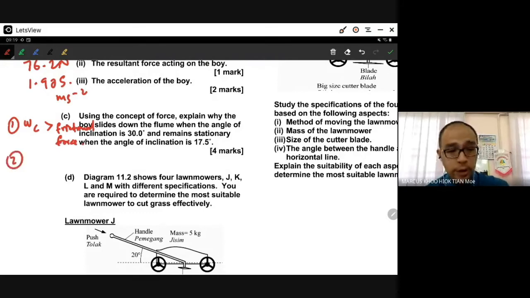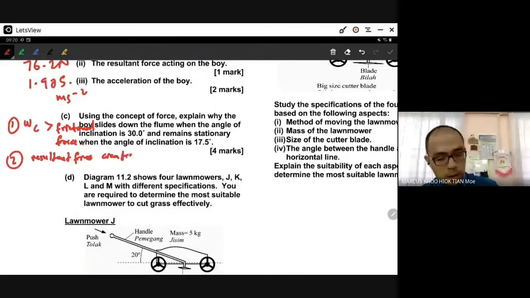Second point is, the resultant force creates an acceleration because the resultant force is more than zero.